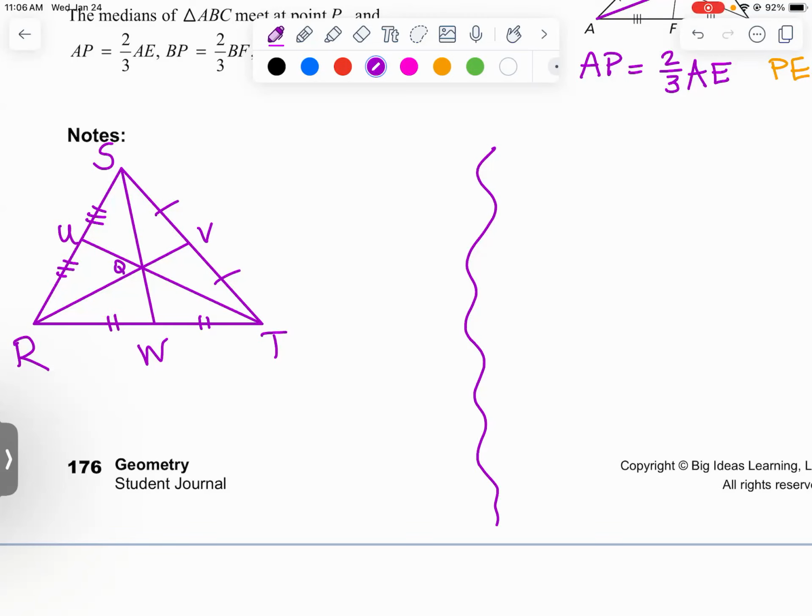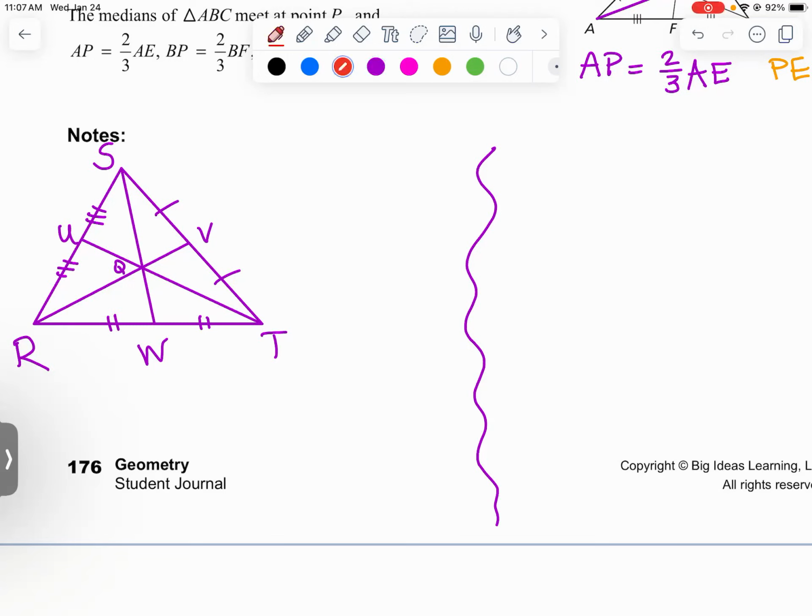I think it's a U because the bottom was W. So S A would be R, the midpoint of ST is U, and RT has a midpoint of W. Is that your question? We have a U and a double U.